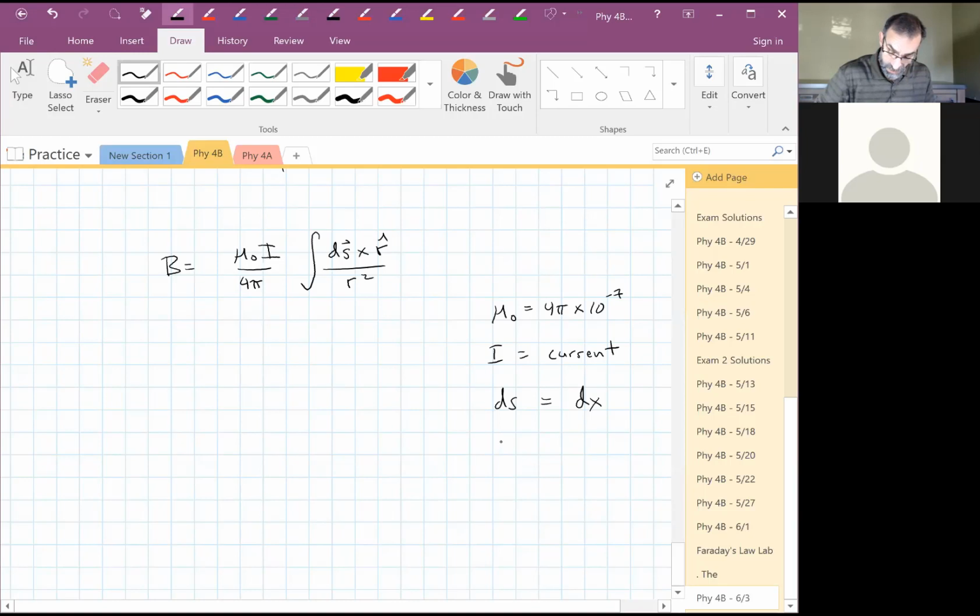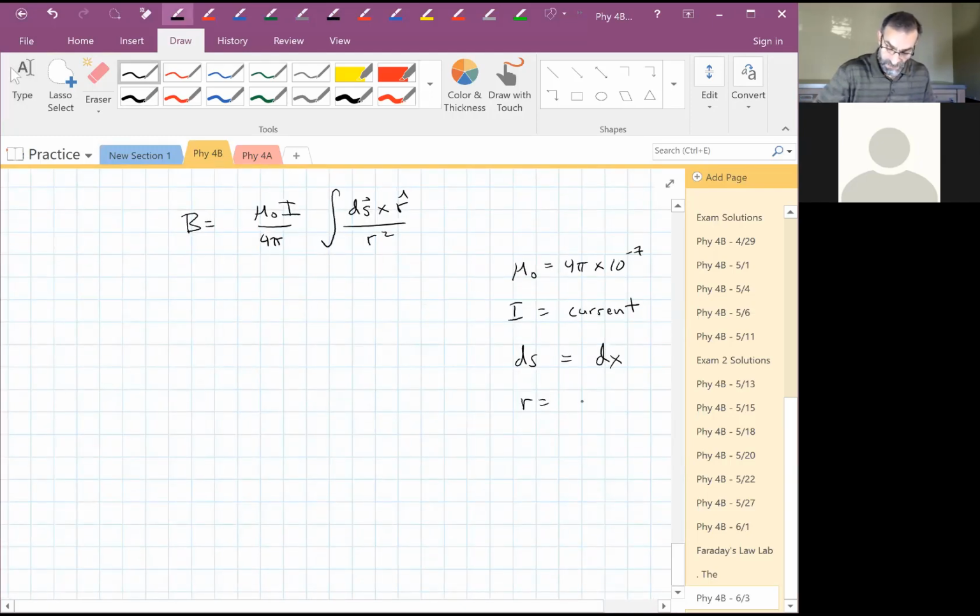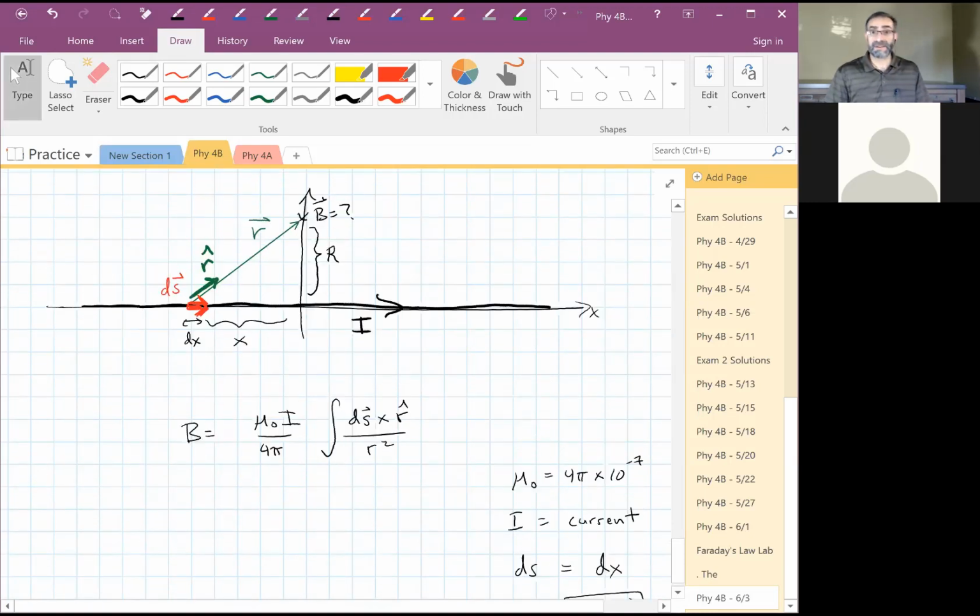R is going to be, let's look at our drawing one more time. Where is ds located? It's located at x, right? And this would be dx here, right? So r is the square root of x squared plus capital R squared, right? We've got a right triangle there.